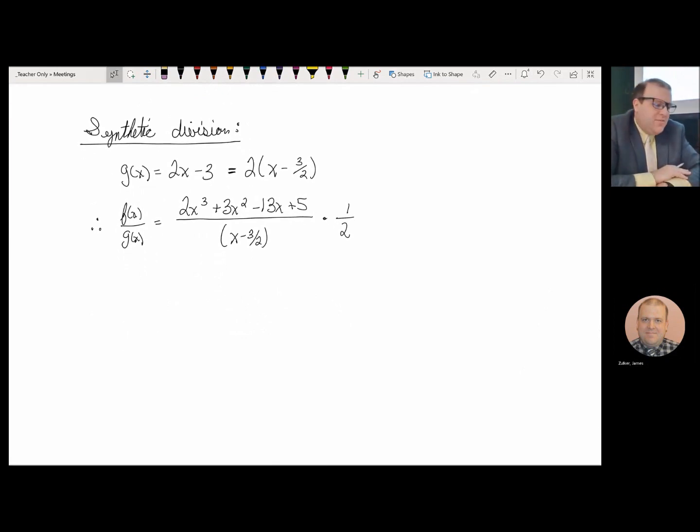So here is how synthetic division works. If your divisor is of the form x minus a, you write your a. So you draw a long enough vertical bar. Next to that, on the other side of the vertical bar, write the coefficients of the dividend.